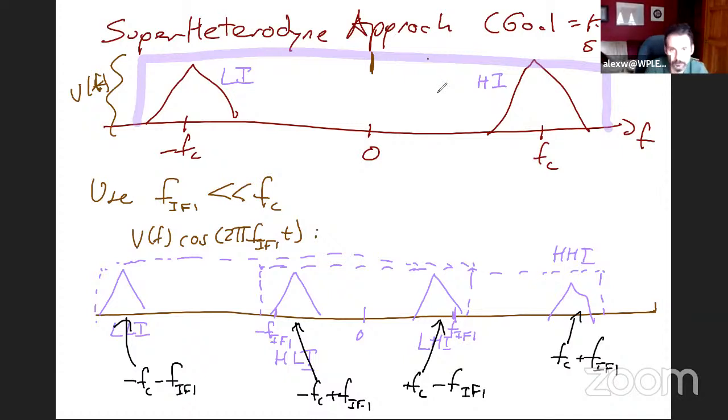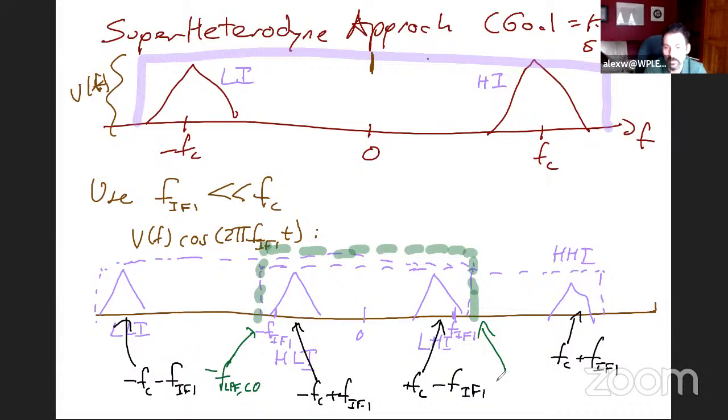So what I would do in this case is be sneaky and just have a low pass filter that would cut off here and here. So this would be minus F low pass filter cut off, and that would be plus low pass filter cut off, right?